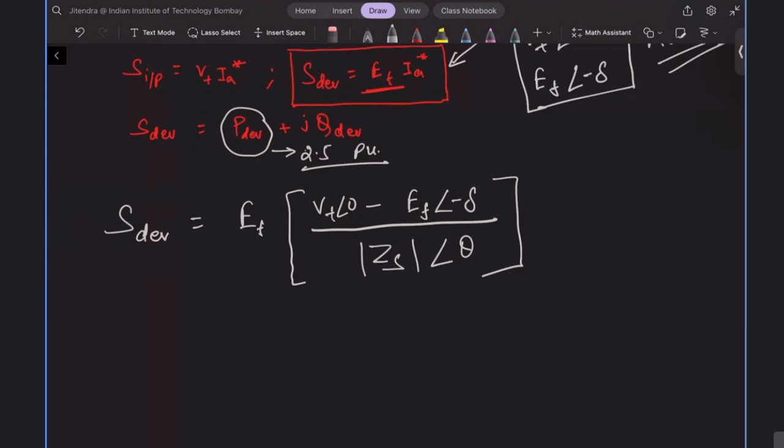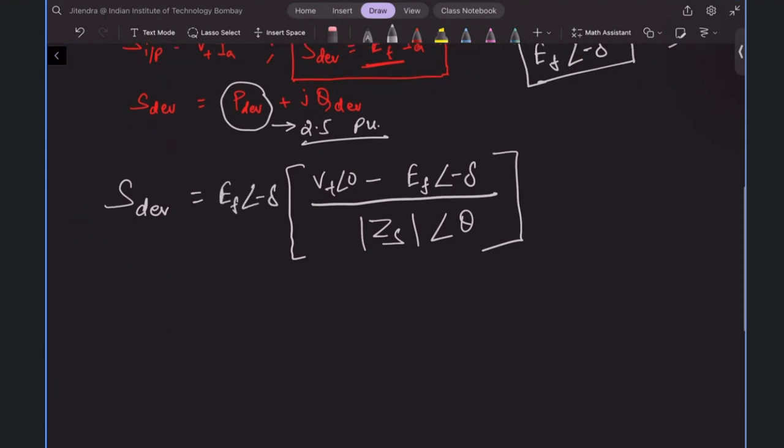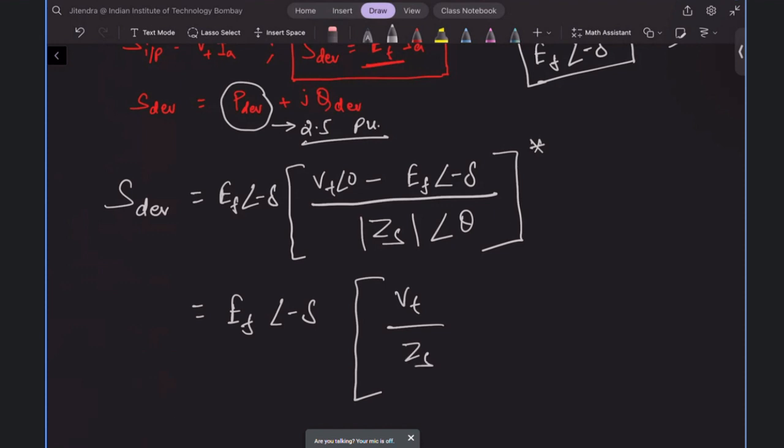Zs angle theta, since it is lagging. Now, here also we should mention minus delta, conjugate. EF angle minus delta, VT by Zs. What will be the angle of this component?